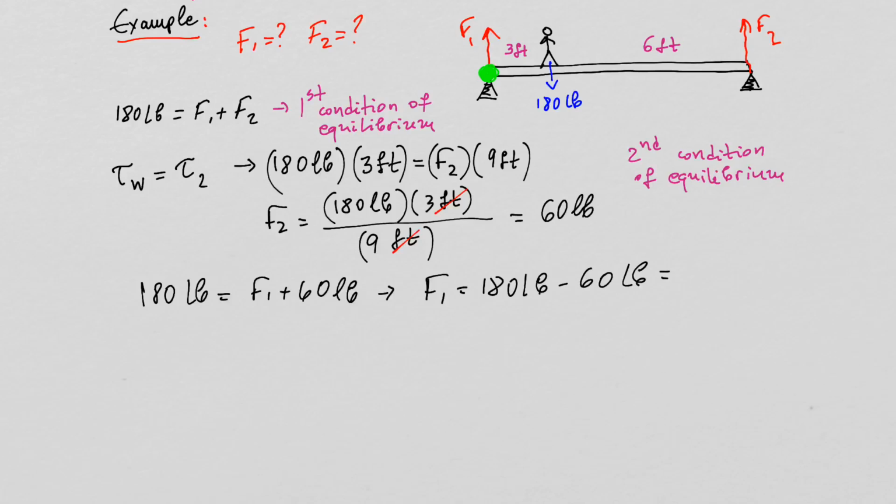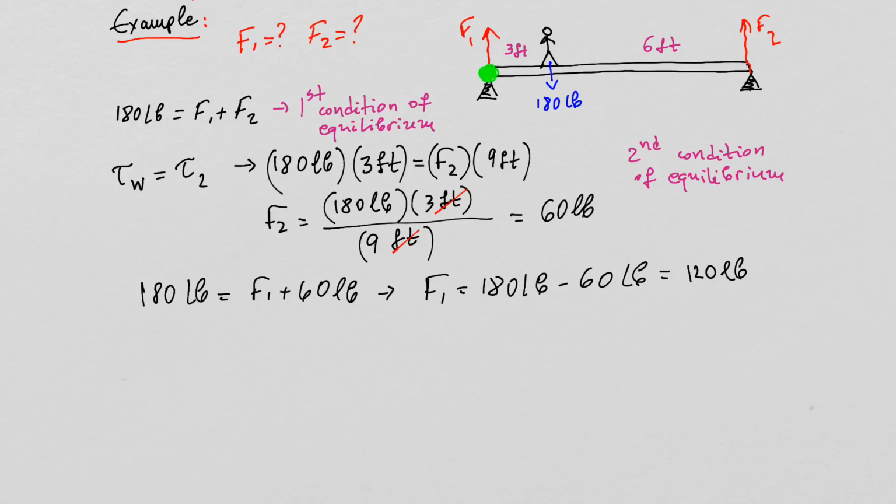And that is equal to 120 pounds. So this is a great example to show how a problem where we have two unknown quantities, which is a problem about equilibrium, can be solved by using the two conditions of equilibrium: equilibrium of parallel forces and equilibrium of torques.